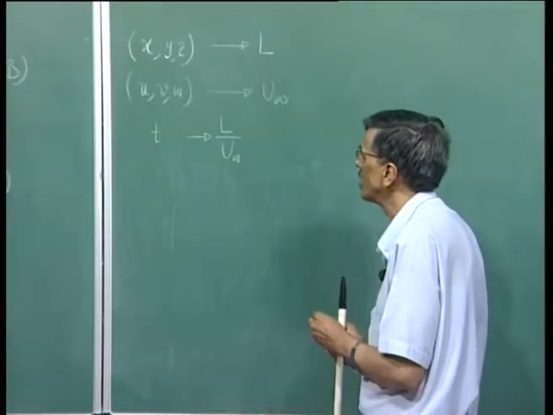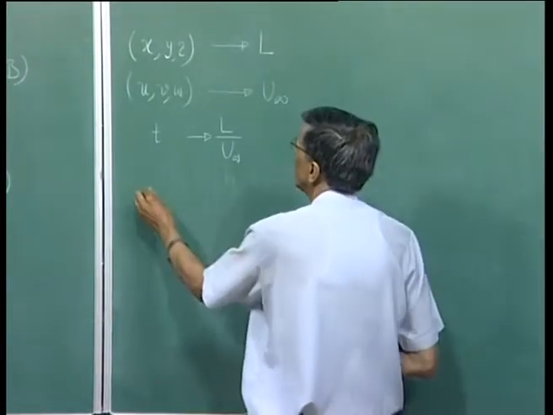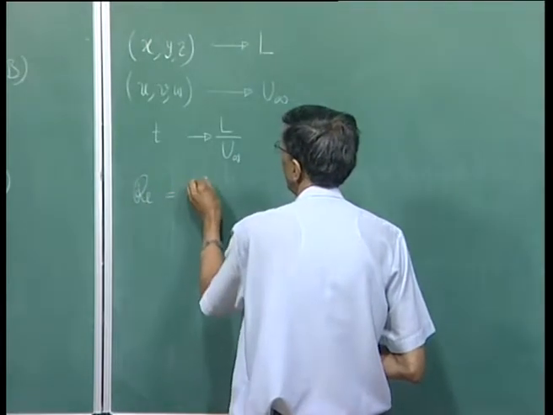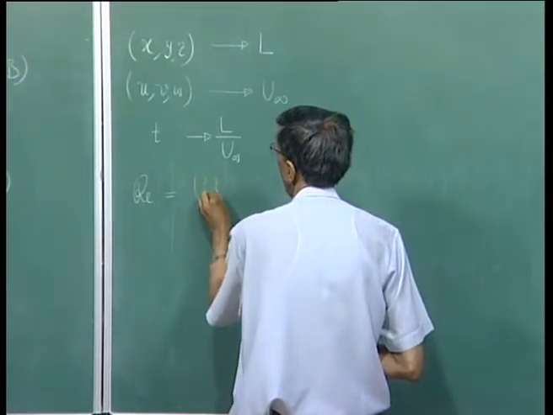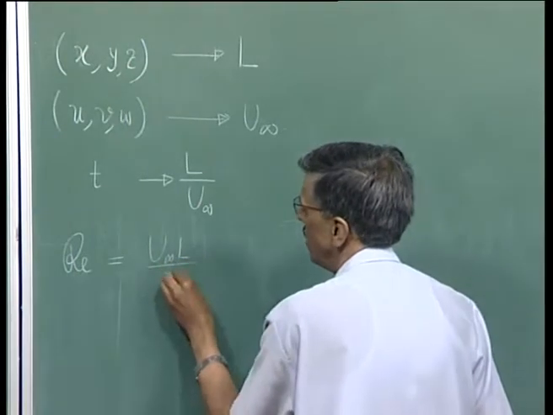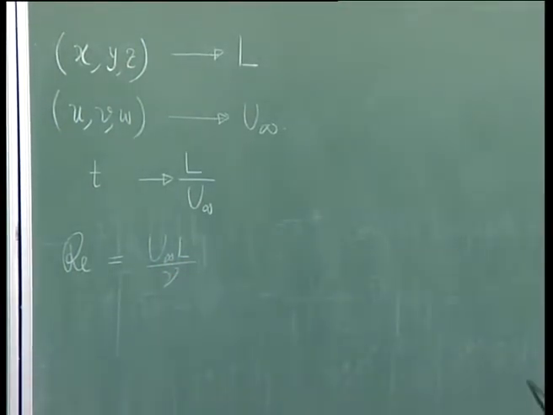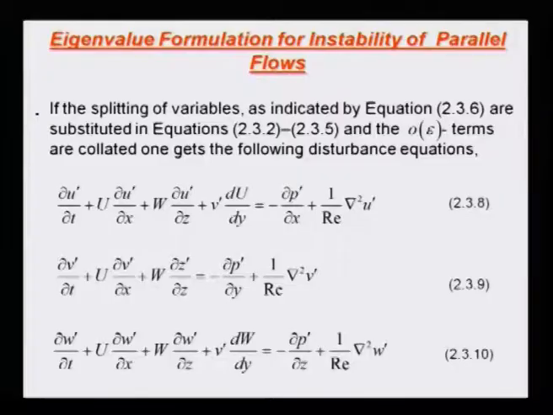Use that to non-dimensionalize the equation, and then of course, the Re that we have written there, we will get as u infinity L by nu, that kinematic viscosity, right. And that is why you see that P will be non-dimensionalized with respect to what?